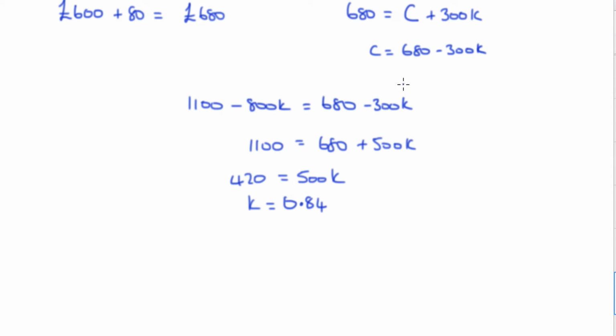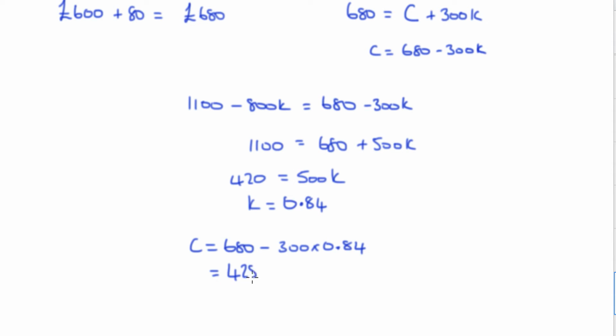We can then go back and find C. Doesn't matter which equation I use, I'll use this bottom one because I can see it. C is equal to 680 minus 300 times 0.84, which is 428.